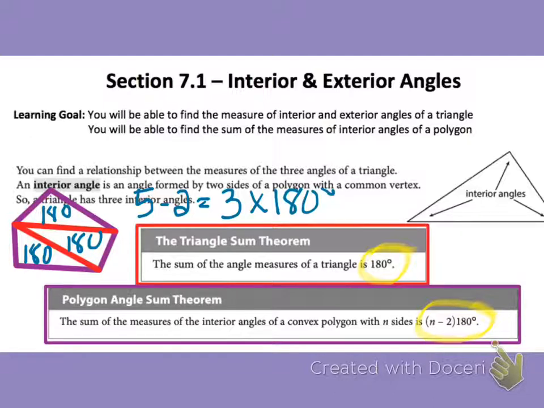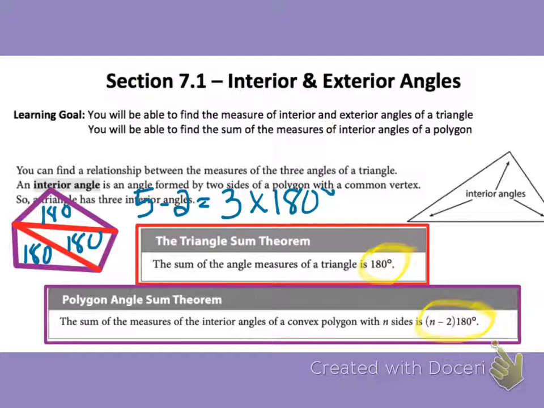And I could continue to do this, adding more sides to the polygon till I got to, say, an octagon. If I drew an octagon, I could split it up into 6 triangles. A decagon, which is 10 sides, I could split into 8 triangles, and so on. And this process is called triangulation.